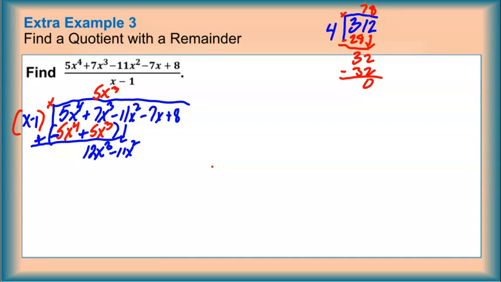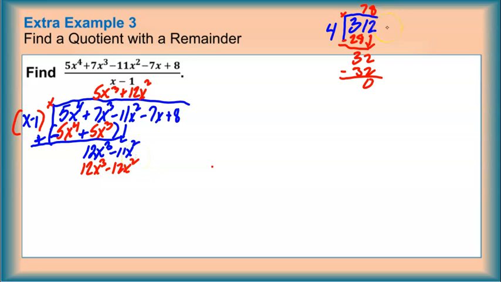So now if I continue with the problem we were having with the polynomial, I got to think, what do I multiply x by to get 12x cubed? I know that that would be a positive 12x squared, and then I multiply 12x squared times x, which is 12x cubed, and 12x squared times a negative 1 is a negative 12x squared.